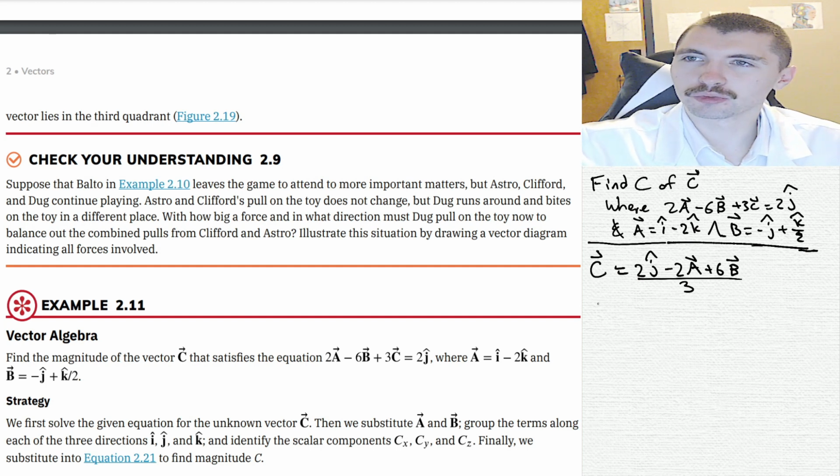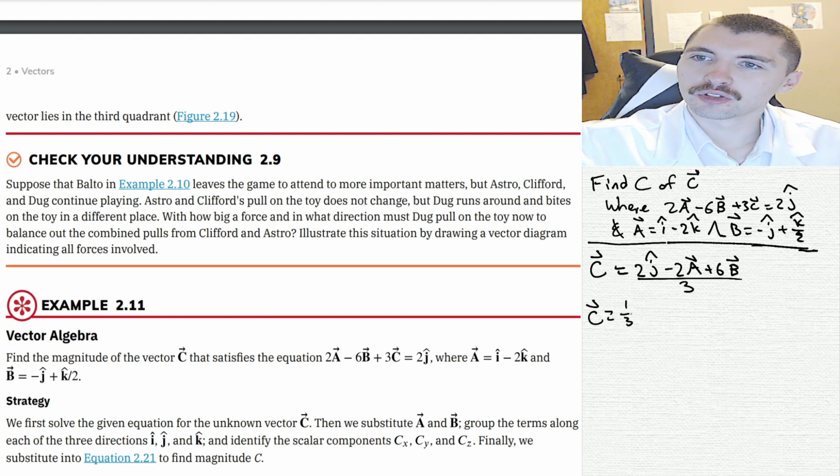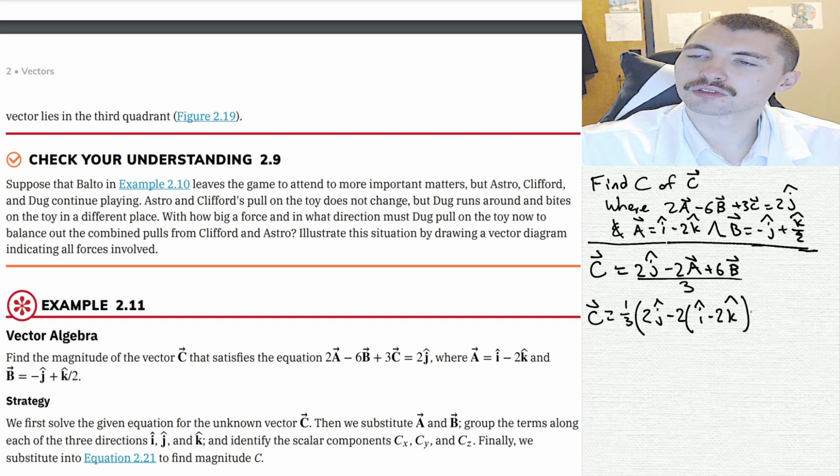So we just want C in components. So C is 1/3. So this should be in three dimensions. K is the unit vector on the z-axis, plus 6.